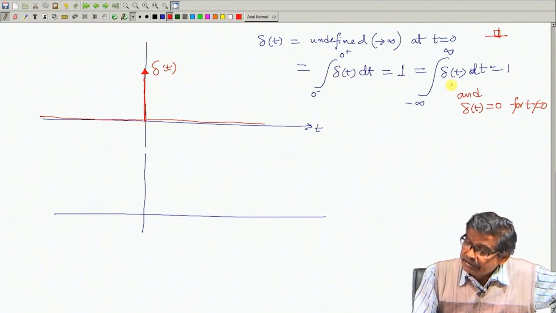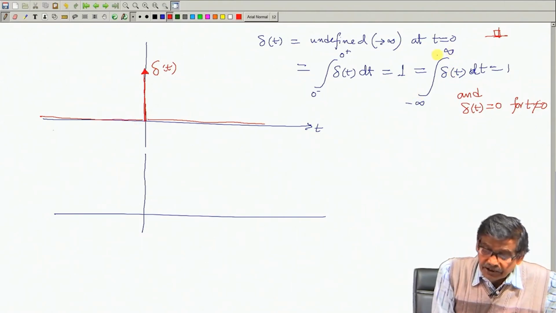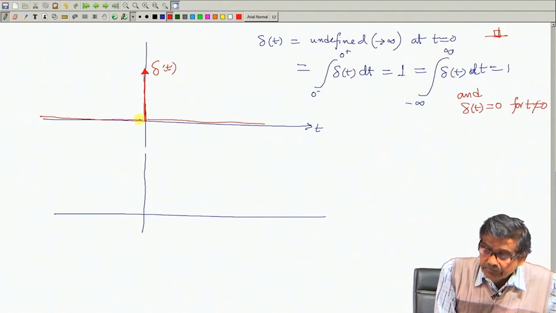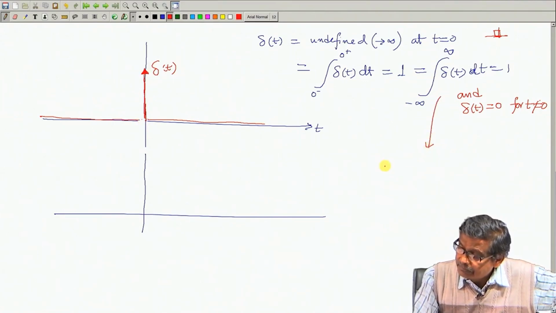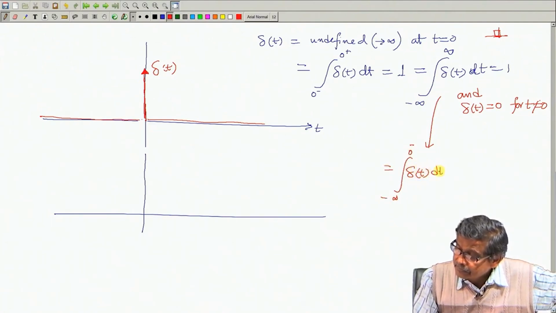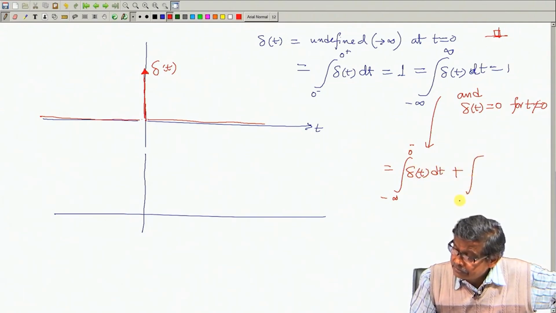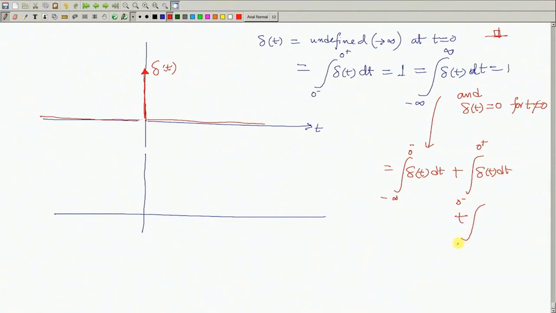So, if you integrate from minus infinity to infinity, that will be 0 up to 0 minus, then from 0 minus to 0 plus you have to integrate. So, this is the integral from minus infinity to 0 minus of delta(t) dt, plus the integral from 0 minus to 0 plus of delta(t) dt, plus the integral from 0 plus to infinity of delta(t) dt.